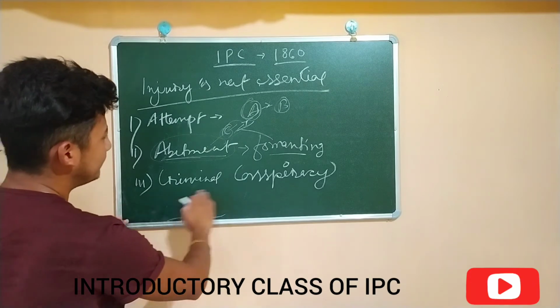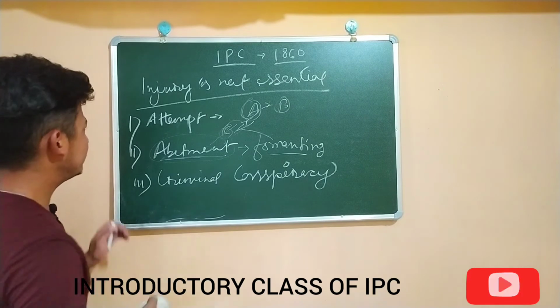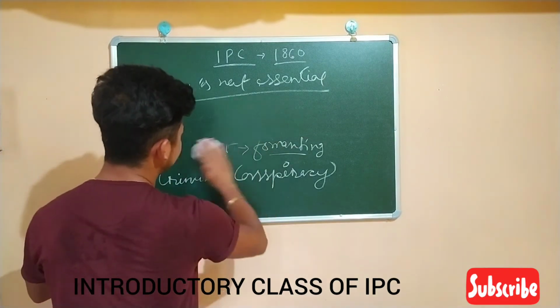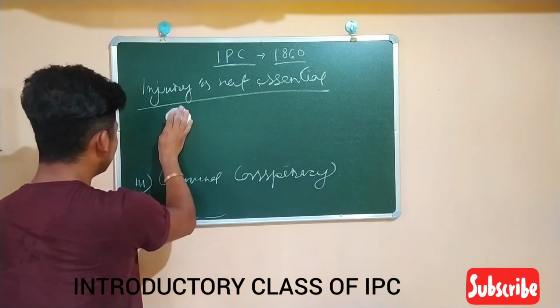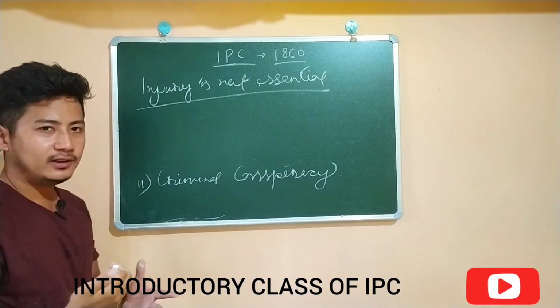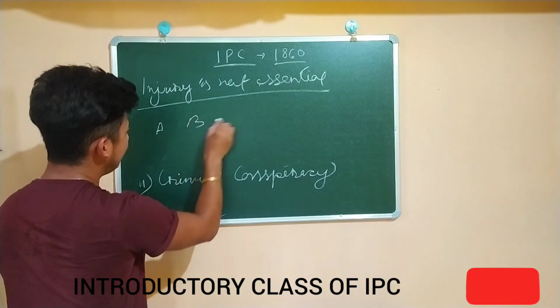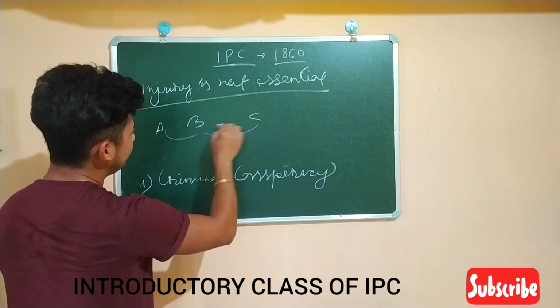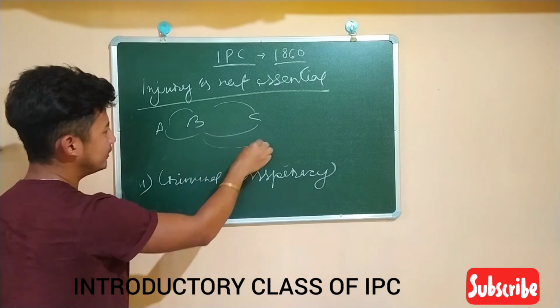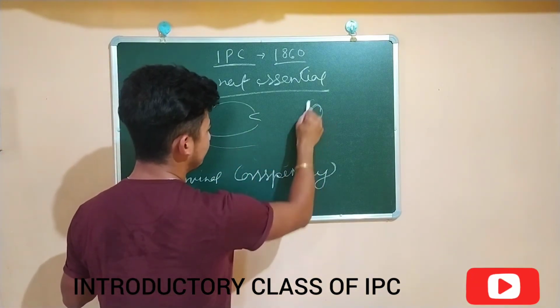And number 3 is criminal conspiracy. Criminal conspiracy means to do a certain act which is conspiratory, that means षड्यंत्र करना, ठीक है, चाल करना, ठीक है. Like suppose A, B and C, the 3 people, have mutually agreed that they will commit a theft in D's house.